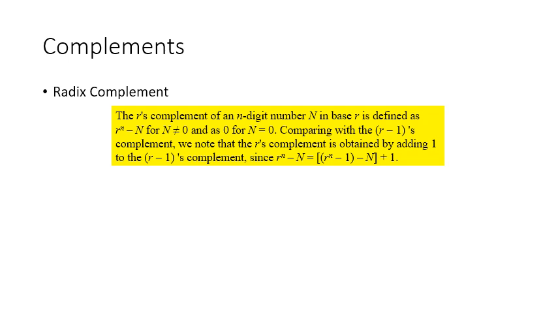Next is r's complement. R's complement is equal to r raised to power n minus capital N, where capital N is the number and small n is the number of digits.